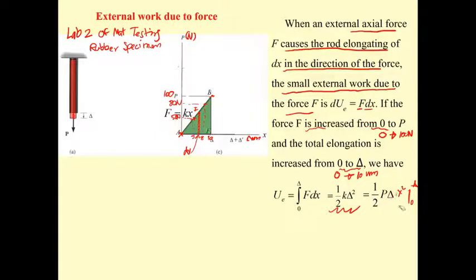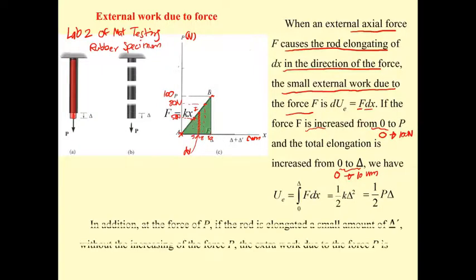Which is the area under the graph. That means for the linear elastic, when the load increases from 0 to P and the deflection increases from 0 to delta, the external work due to the force is 1/2 P delta, which is the green area shown here.